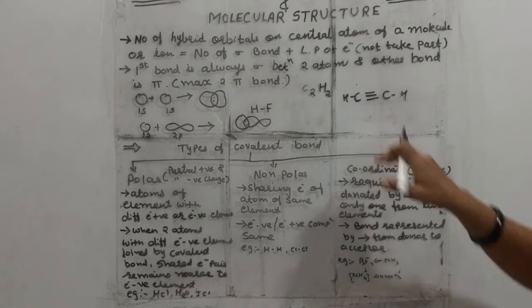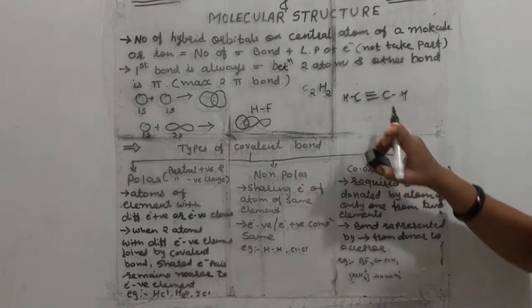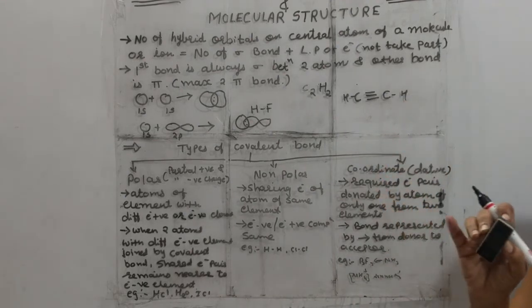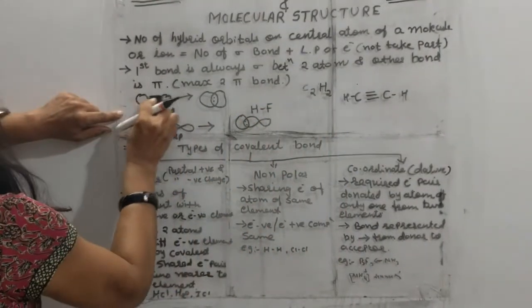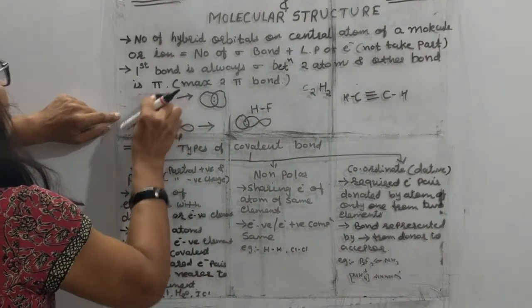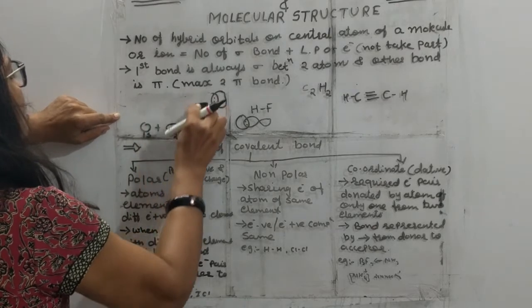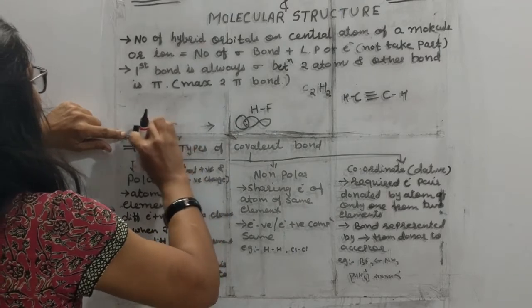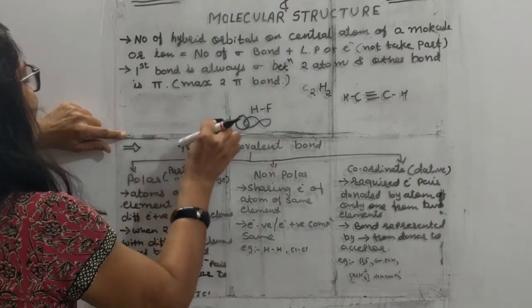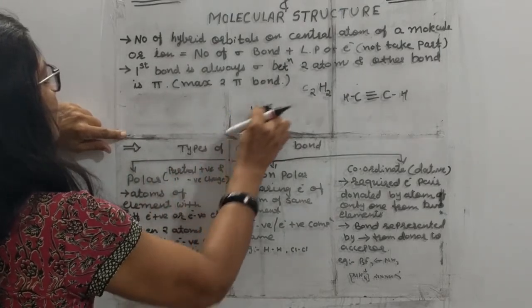Now, how can this overlapping occur? For C2H2 we'll take Px, Py and Pz.